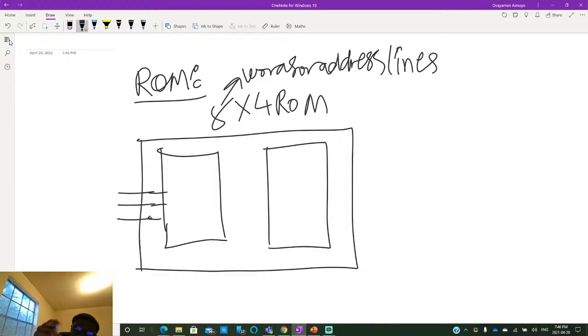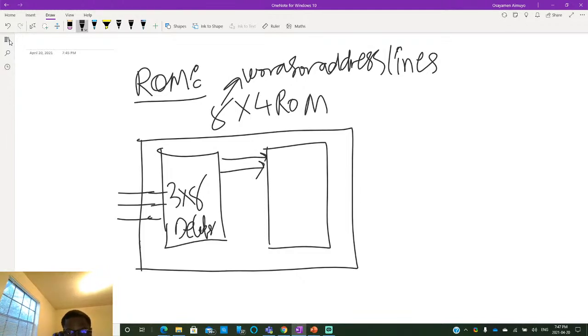These address lines are basically the outputs of this decoder. So this right here is a 3x8 decoder. And from this, you should be able to deduce the general case for ROMs.